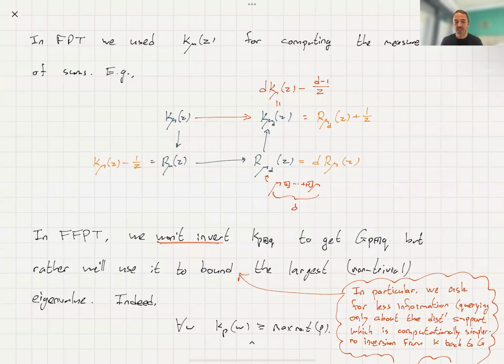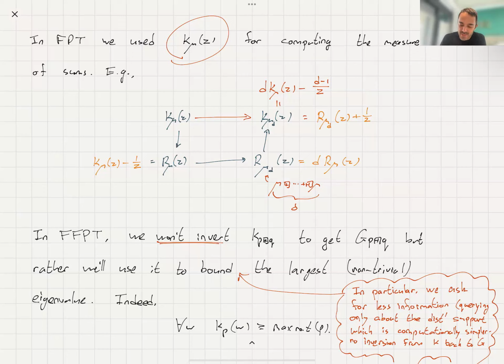Another thing that's different between free probability and finite free probability is that in free probability we used the K transform to compute the actual measure, but on the way, the K transform of, say, the sum of d copies of mu, or the sum of any measures corresponding to free random variables.